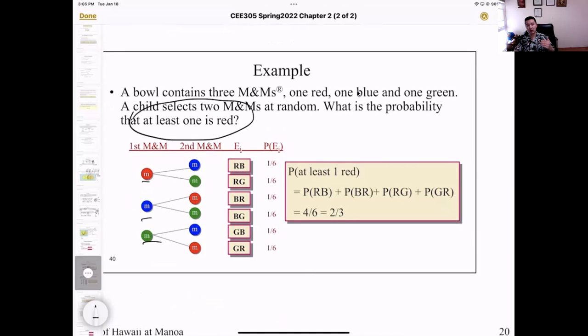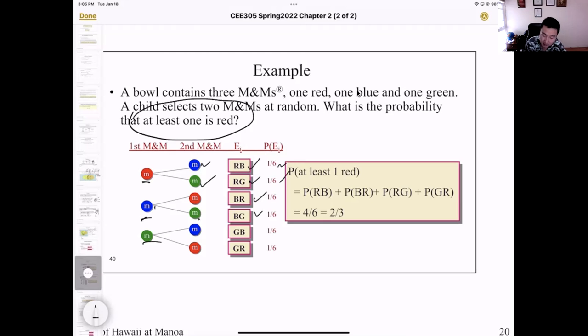We count all the possible outcomes and get the probability for each. If the first one is red, then the second could be blue or green. So we have red, blue, and red, green. The chance is 1/6 each. If the first is blue, we could have blue, red, and blue, green.